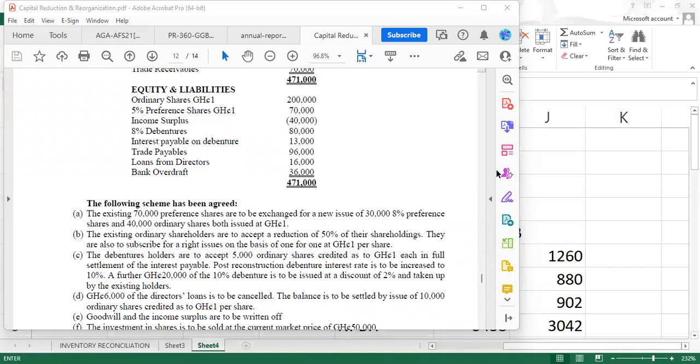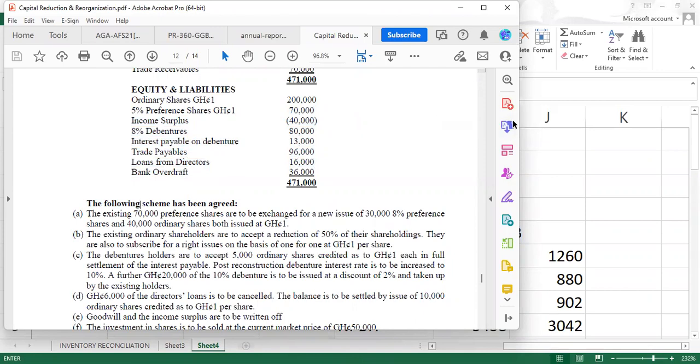Then we have 40,000. For the capital reorganization, there won't be any gain or any loss on this particular transaction because the 70,000 is split into 30,000 and 40,000. So there will not be any gain or loss on that. Are we okay?